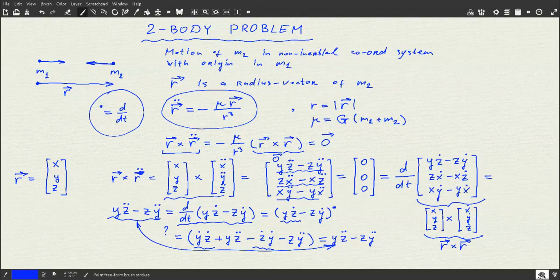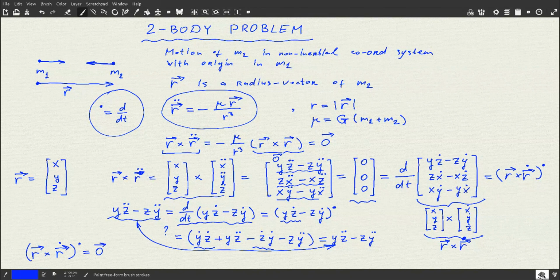So this is actually the derivative of r times r dot, and that is 0, if you remember. So r times r dot, its derivative is 0, a 0 vector.